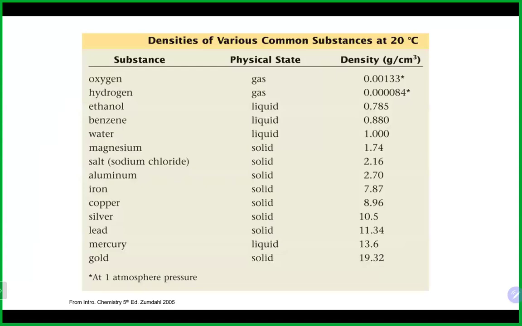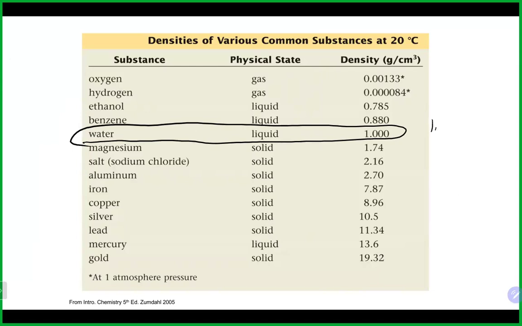Here's density from your book of some objects. You do need to know, for the most part, that the density of liquid water is 1 gram per milliliter or 1 gram per cubic centimeter. So that's something you should know. As we talked about previously, something like ice is actually less dense than liquid water.